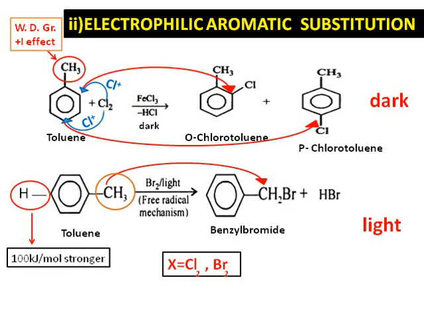That is why instead of attacking the benzene ring in presence of light, the bromine free radical attacks the benzyl hydrogen atom, and it will substitute the benzyl hydrogen and we will get benzyl bromide.